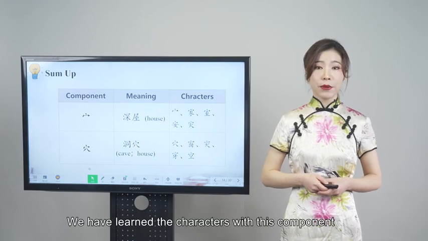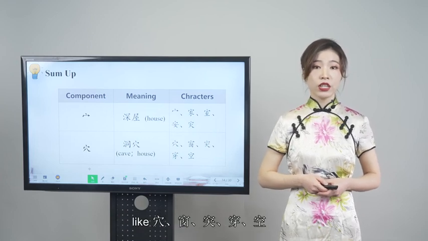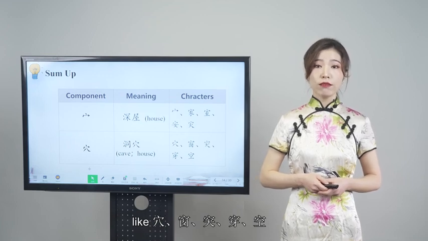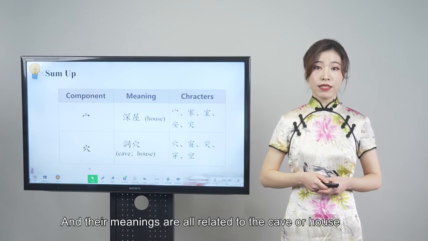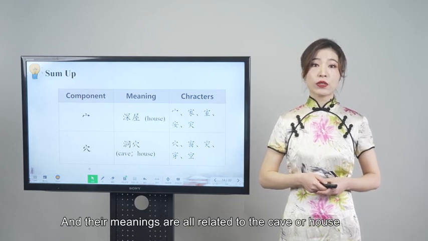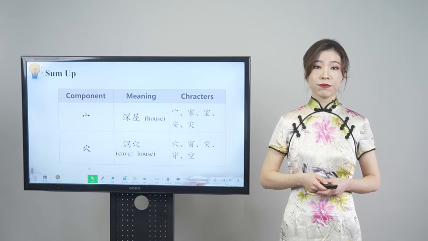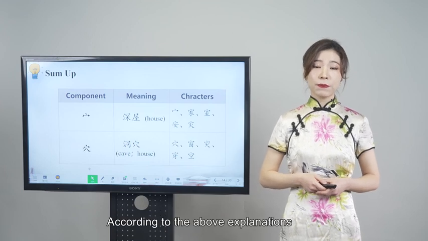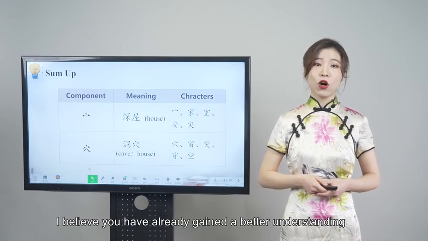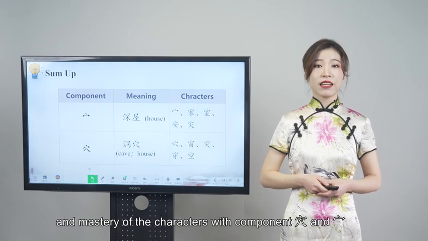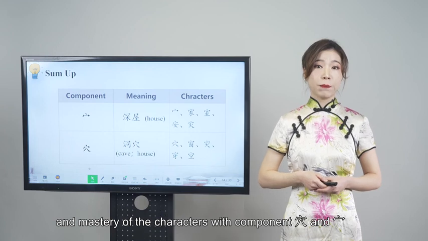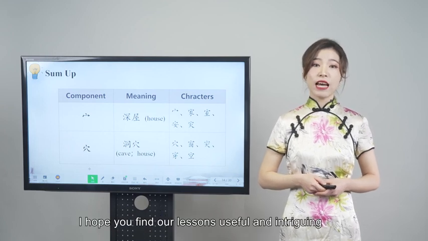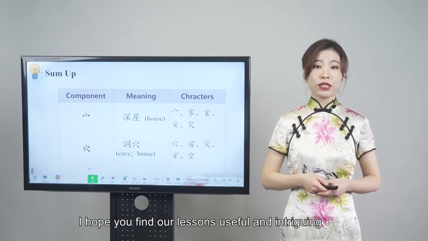We have learned the characters with this component like 穴, 窗, 突, 穿, 空. And their meanings are all related to the cave or house. According to the above explanations, I believe you have already gained a better understanding and mastery of the characters with components 穴 and 宀. I hope you find our lessons useful and intriguing.